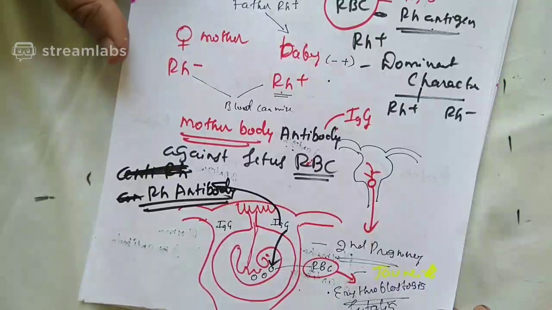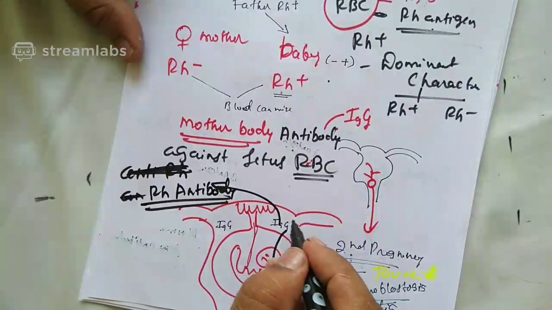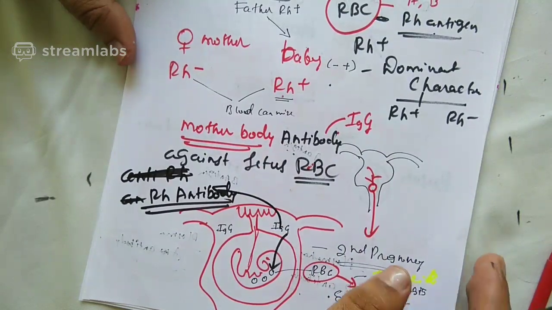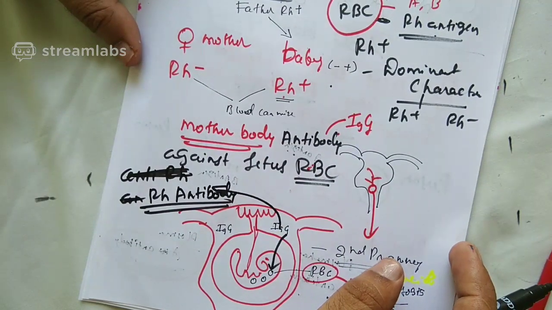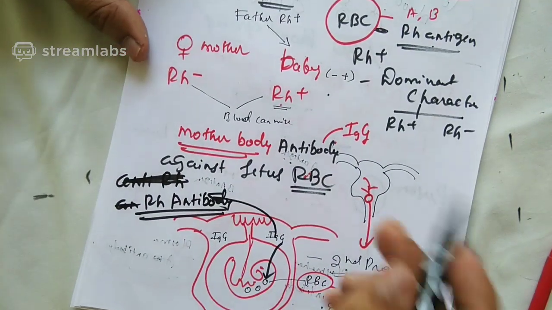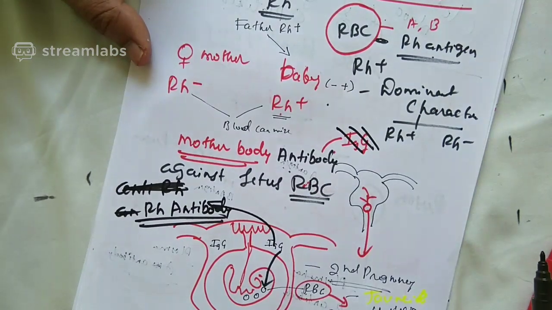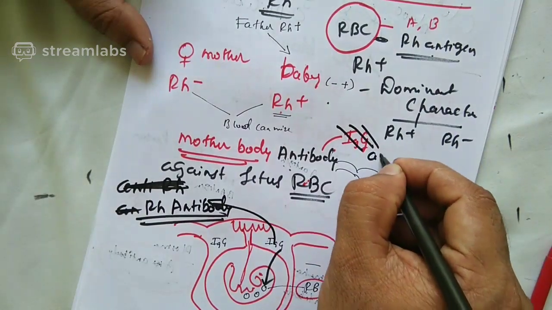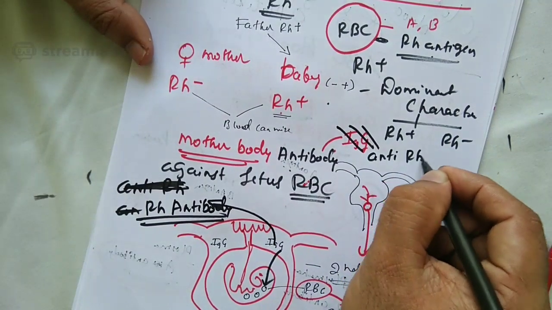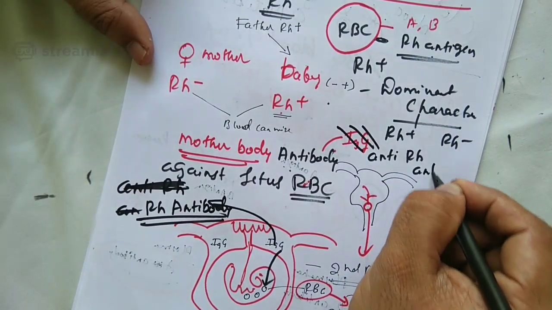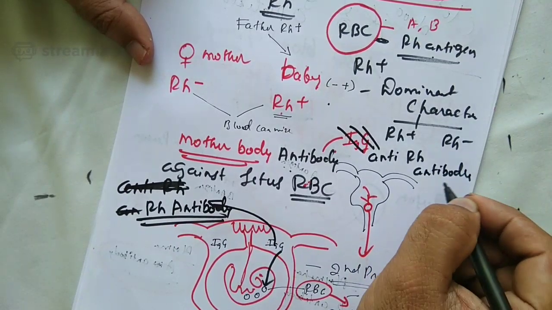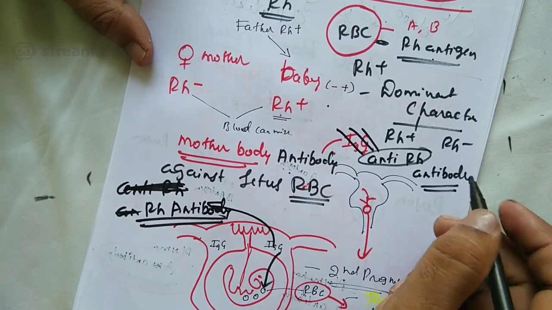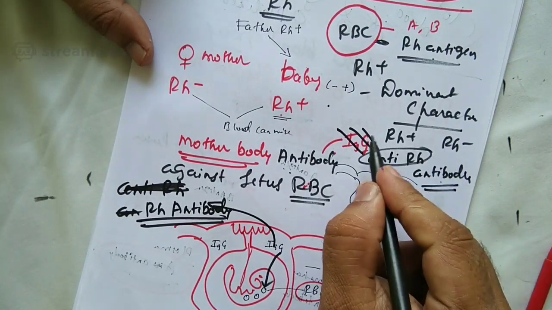You can save the baby like this. After delivery of the baby in the first pregnancy, the mother has to be given an injection, where the injection can neutralize this IgG, and that injection is called anti-Rh antibody. That means it is an antibody against an antibody. See, interesting things, right?